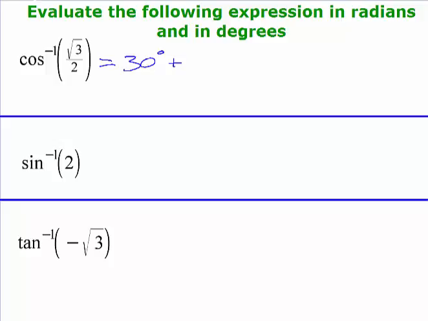No. If I'm at 30 degrees, the arc cosine of square root of 3 over 2 is 30 degrees. What's the cosine of 390 degrees? That's still going to be square root of 3 over 2, right? What's the cosine of another rotation? Still square root of 3 over 2, right? So how many solutions do I actually get here? How many times can I rotate around a circle? Infinite. So there's actually infinitely many solutions.